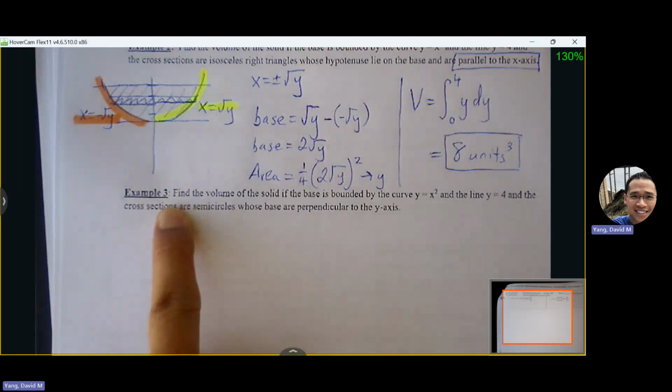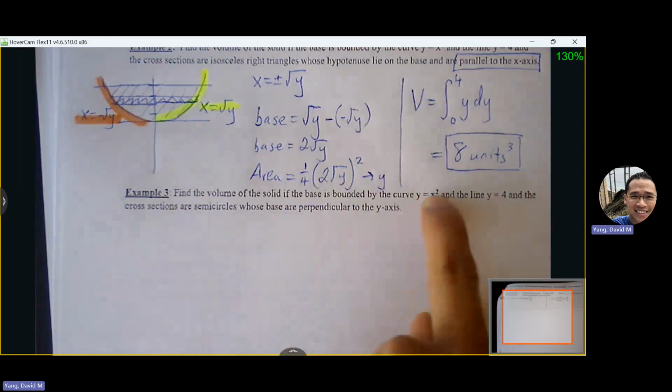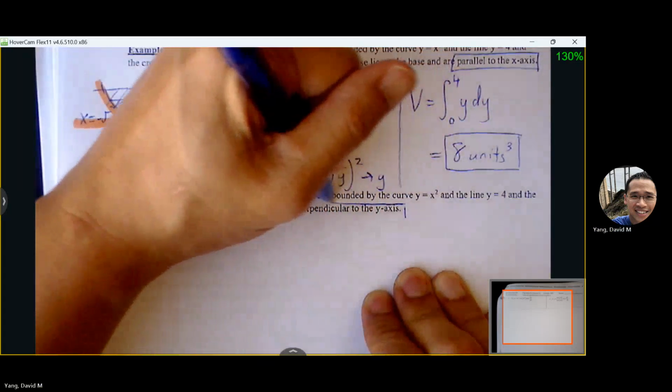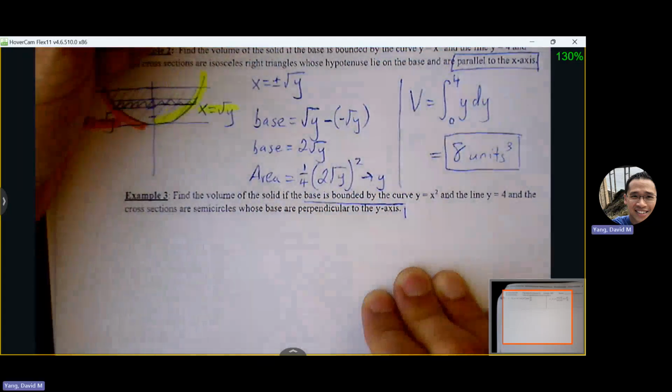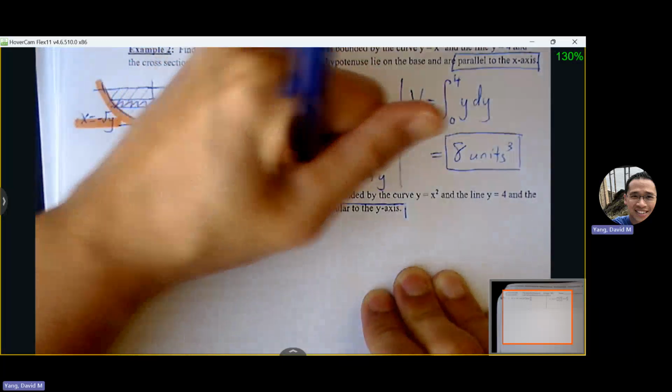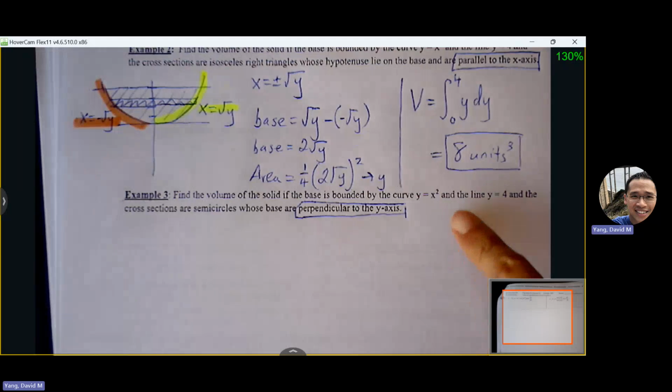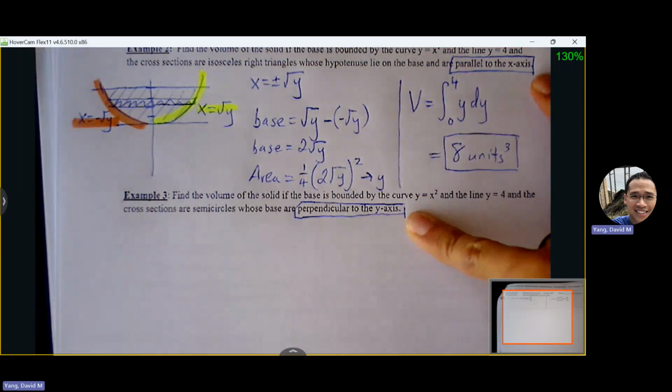Number 3 should be easy because we're dealing with the same graph. But look at the wording here, though. We want to build semicircles, so a different shape, perpendicular to the y-axis. Which orientation is that? Horizontal or vertical? Horizontal. So notice how there are different ways that a problem can indicate something is horizontal.